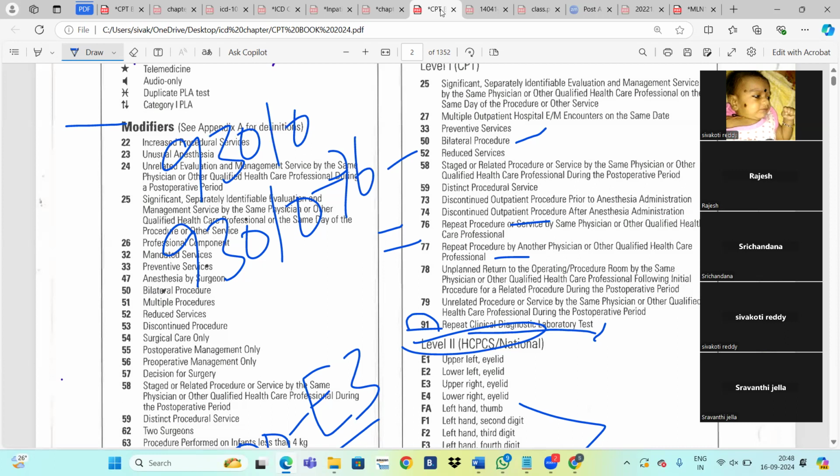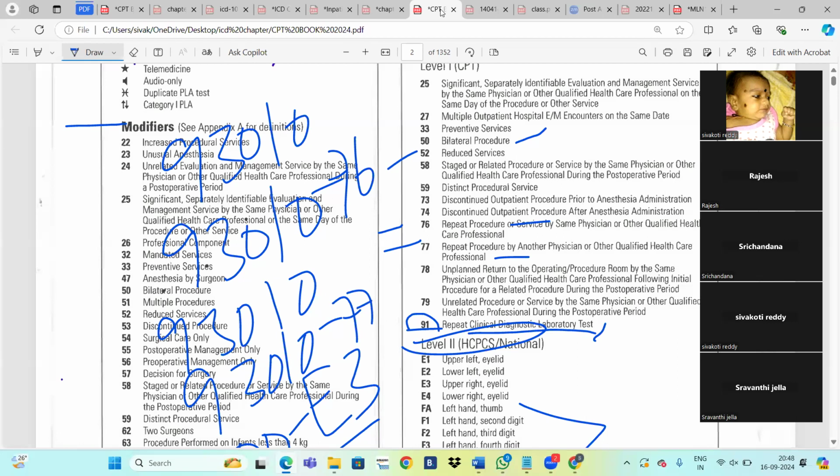Okay. If they done different procedure, EKG, 77. Any procedure, if they done repeated means based on the physician, you need to add second time 76, 77. Clear? Yes. 91, 76, 77 difference similar.